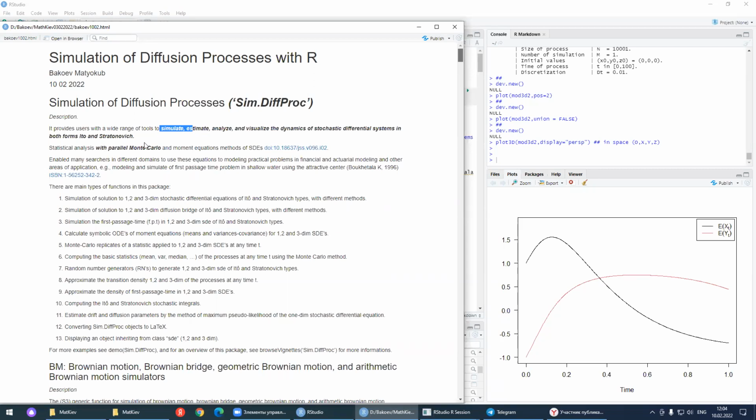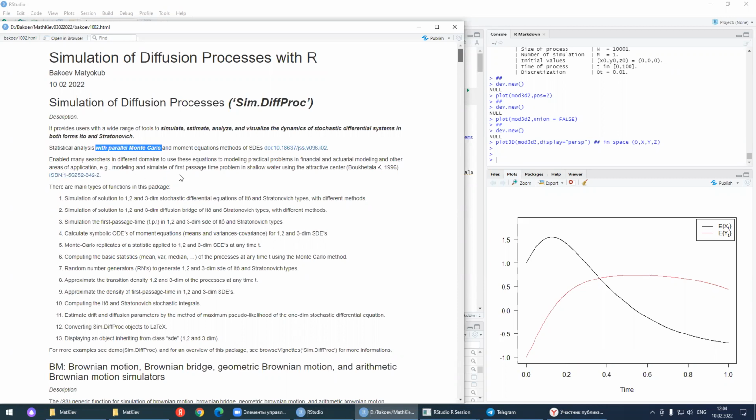Using this package, we can use Monte Carlo methods for the solution of stochastic differential equations, and one more main subject is parallel Monte Carlo, which we can use to solve economic or financial problems.